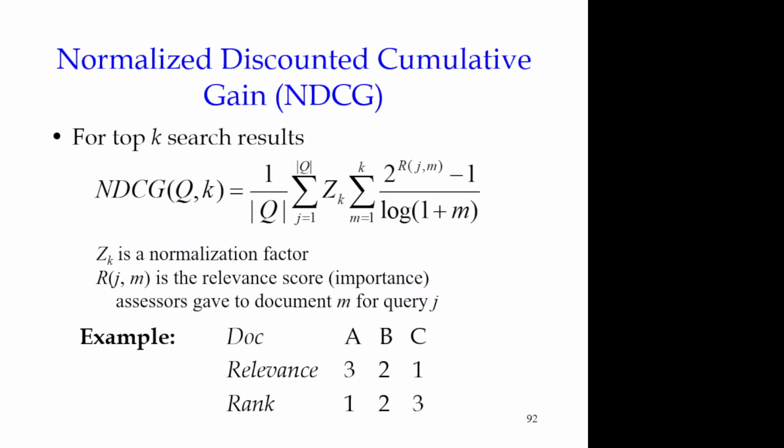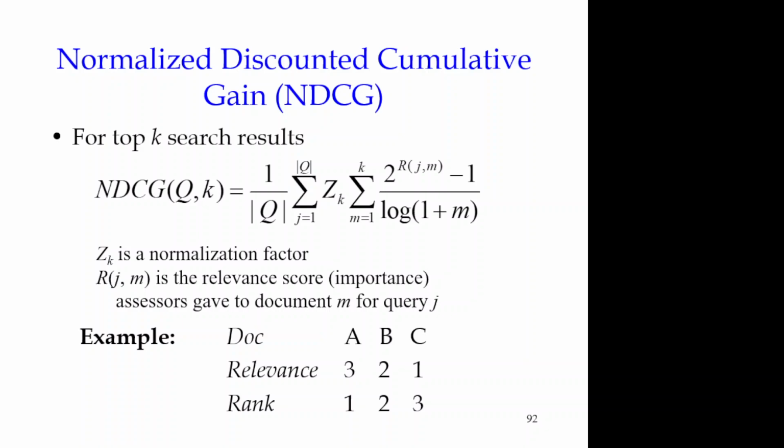Any problems? The main design idea is, if a document is more important, more relevant, you should put it at the top place. Here A is the most relevant, so you put it at the first place. That's good, and this term will be high.